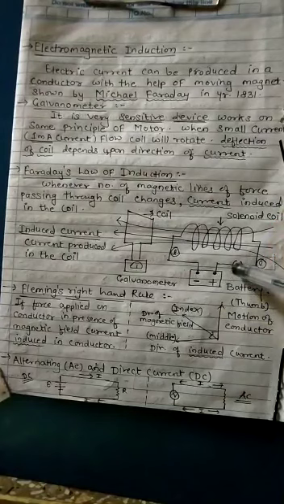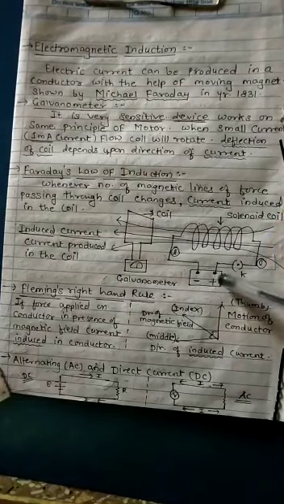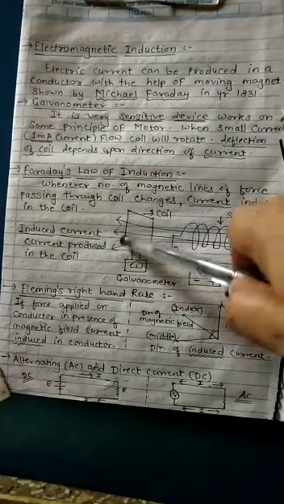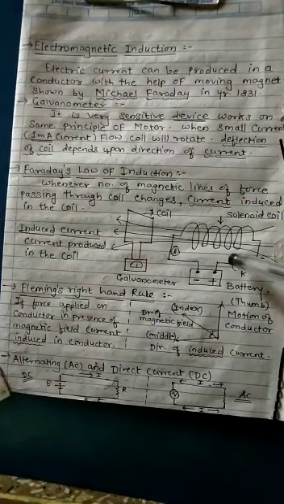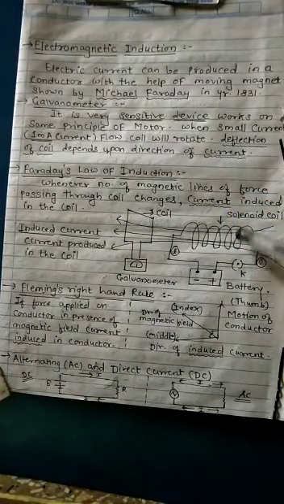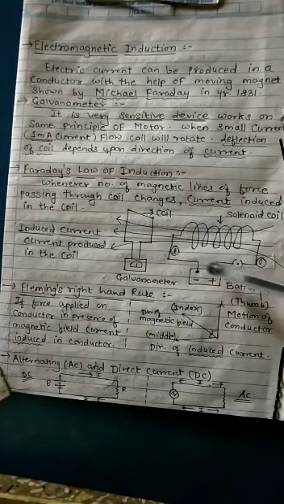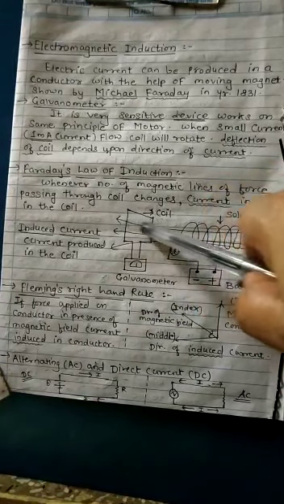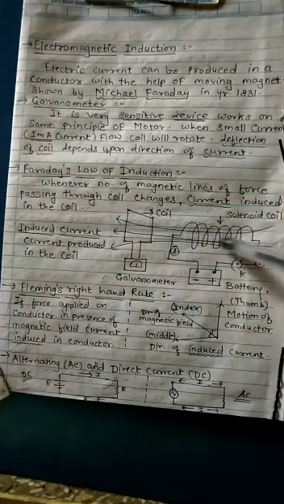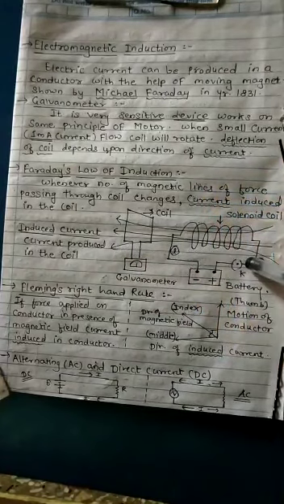This is the key, and you have to complete the circuit here with a battery, and with the coil there is a device, a galvanometer, attached here. Whenever you press the key, the current flows through this solenoid coil because the battery is connected here, and these arrows shown here show the magnetic lines of force.